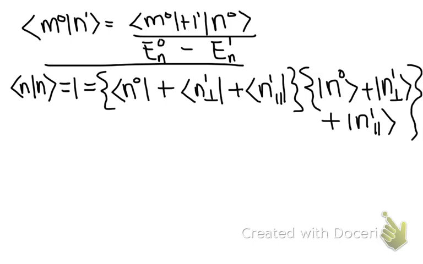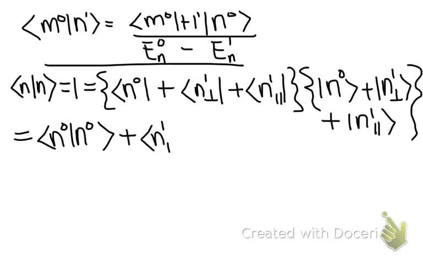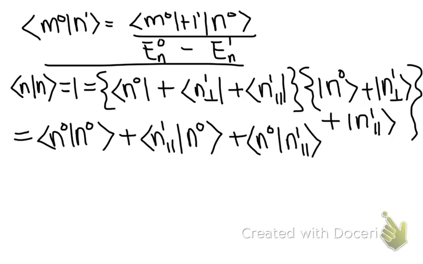Now this equation can also be written as the inner product of my n0's, plus n1 parallel component inner product with n0, plus my n0 inner product n1 parallel component, right?